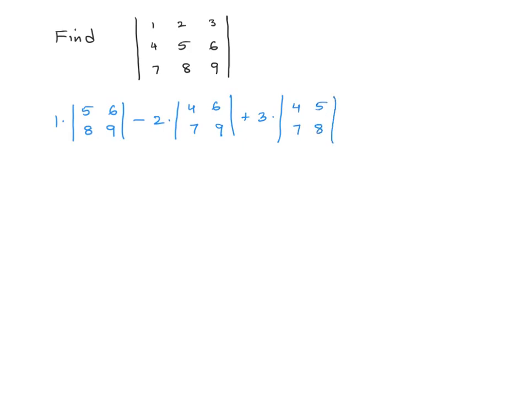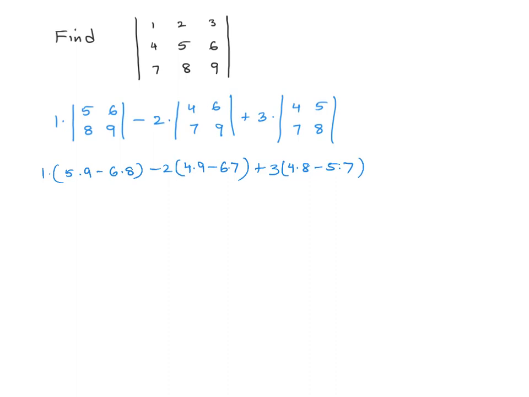All right, so now I need to calculate each of these individual smaller determinants. So here we go. 1 times, well, that's 5 times 9 minus 6 times 8. And then minus 2 times, well, that's 4 times 9 minus 6 times 7. And then plus 3 times, well, that's 4 times 8 minus 5 times 7.